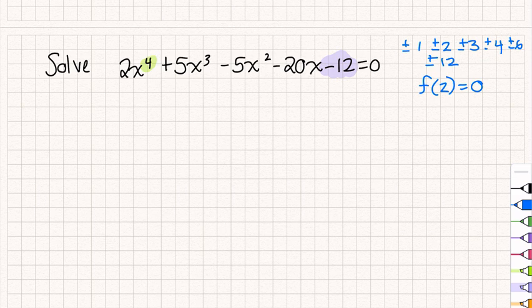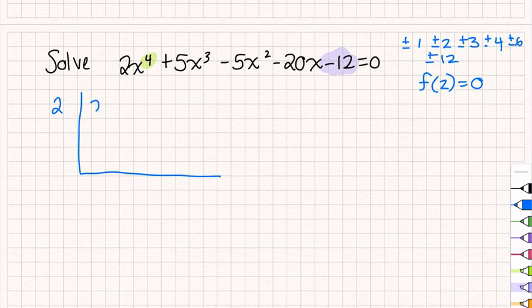So we're going to take this equation and we're going to divide. If f at 2 gives us 0, we have 2, and then we're going to take the coefficients. So we have 2, 5, negative 5, 20, and negative 12.